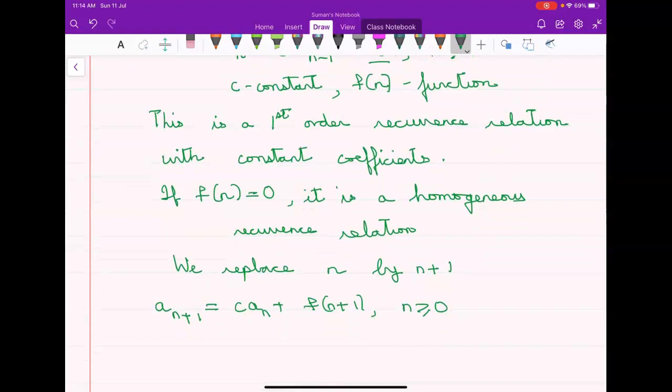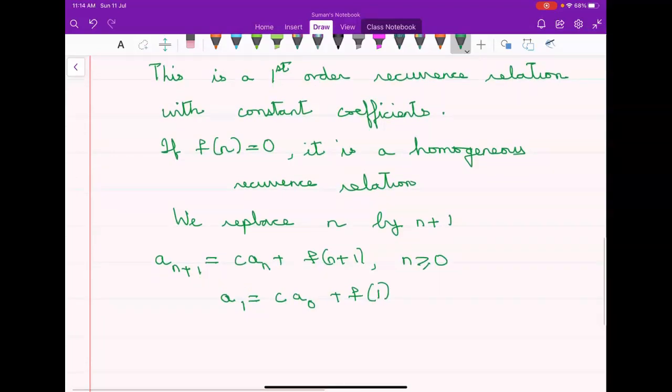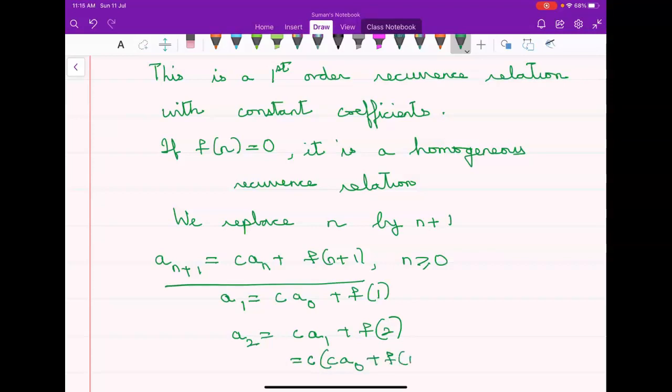Now, if n equal to 0, then we have a1 equal to c a0 plus f of 1. Again, if n equal to 1, then I have a2. Substituting in this equation, a2 equal to c a1 plus f of 2. And now you substitute for a1. a1 will be c a0 plus f of 1, and then I have plus f of 2.